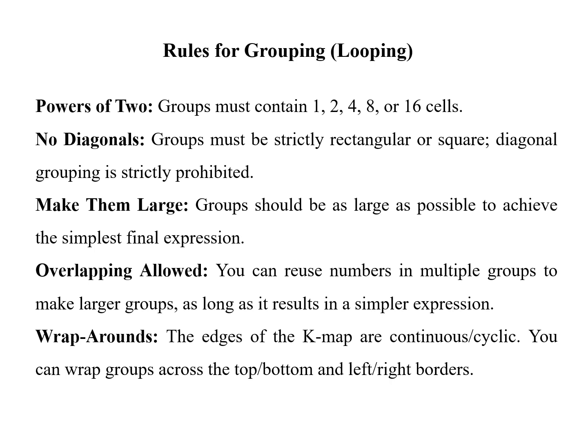Diagonals must not be grouped here. It is strictly prohibited for diagonals. We can group them as large as possible in order to reduce the number of variables. Overlapping is also allowed here, and wrapping is also allowed at the edges of the K-map. These are the rules for grouping.